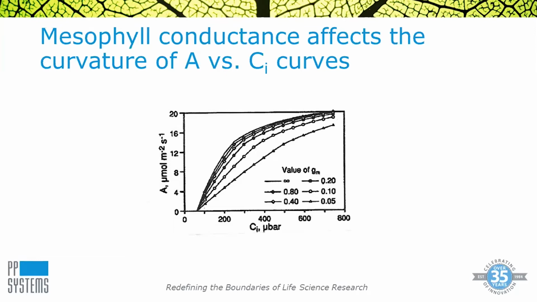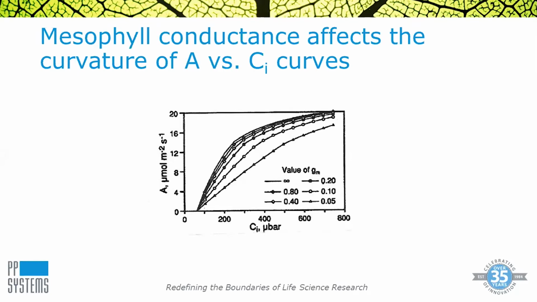You can see with infinite mesophyll conductance, you get a steep initial slope and it curves over fairly quickly. As the value of mesophyll conductance decreases, that curve becomes more linear and doesn't curve until much higher CI values. So that's fundamentally what mesophyll conductance does: it affects the curvature of A-CI curves.